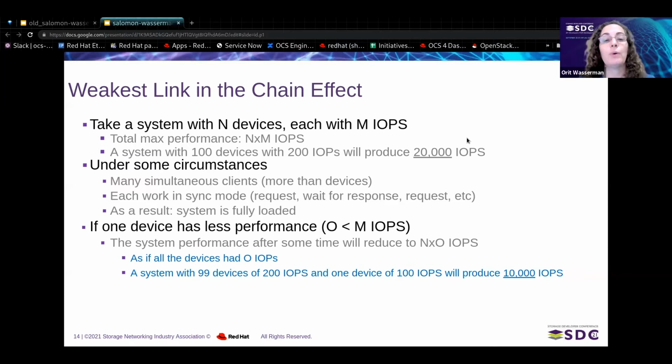But if one device for some reason is slower, could be a malfunction or another problem, in that case, in the long run, the system won't get to the 20,000 IOPS, but can only produce 10,000 IOPS. The weakest link will dominate the performance of the system. So we need to make sure that we can keep the symmetry, especially from a performance perspective.